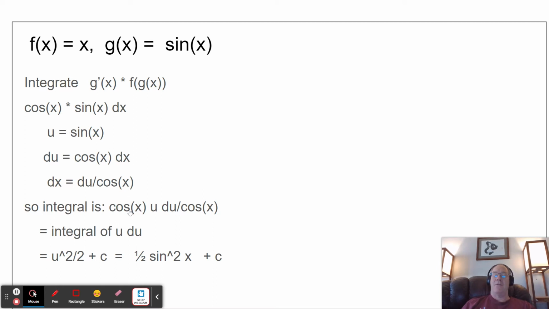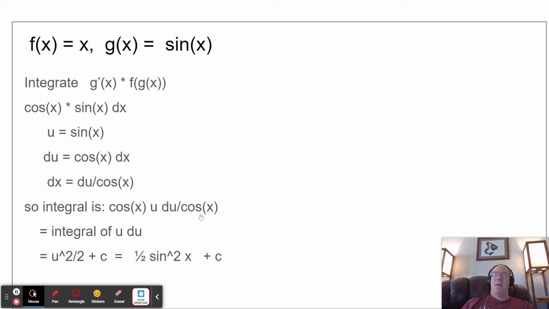And so the integral is cosine of x times u times du over cosine of x, because remember what f is, f being the identity. Now x is replaced with u.